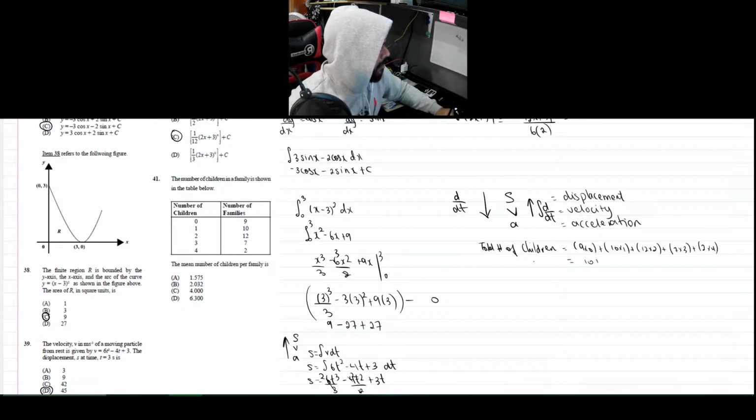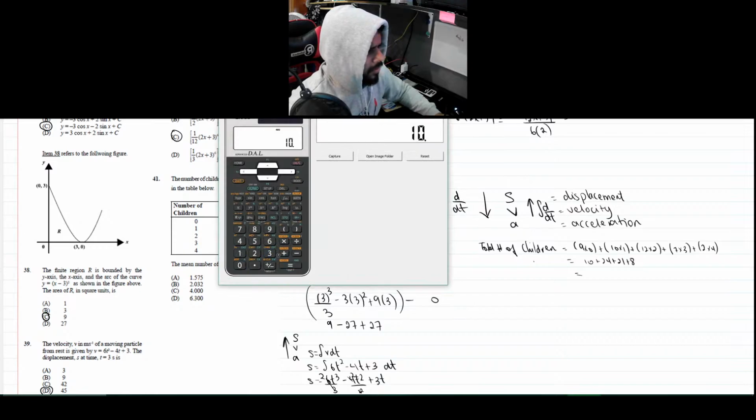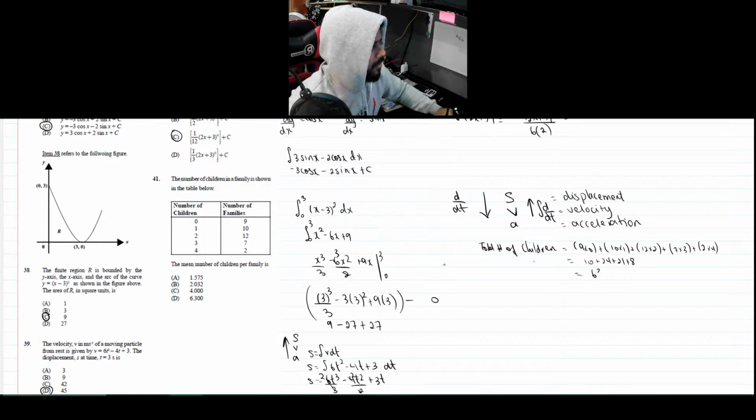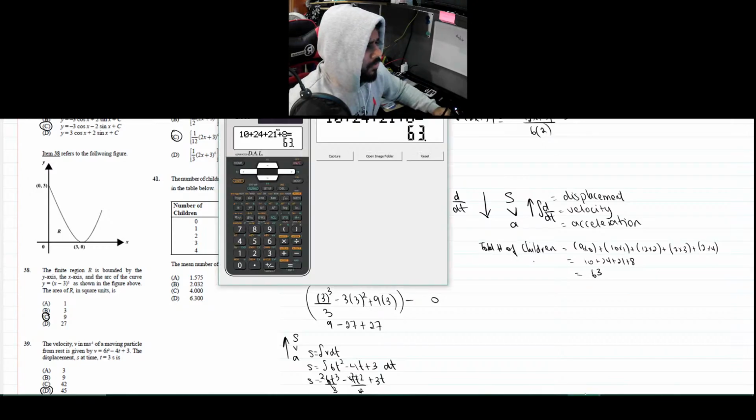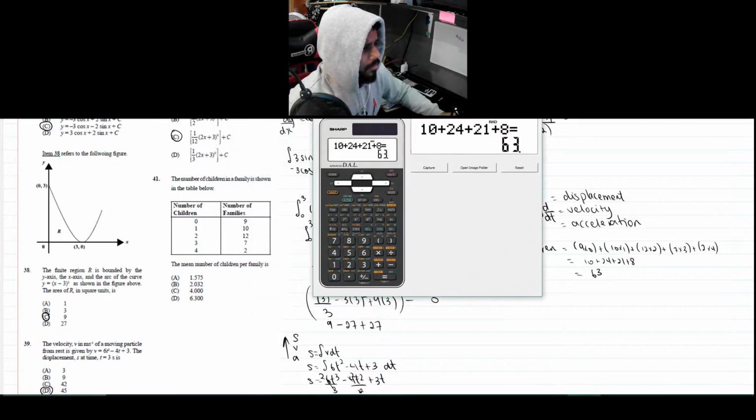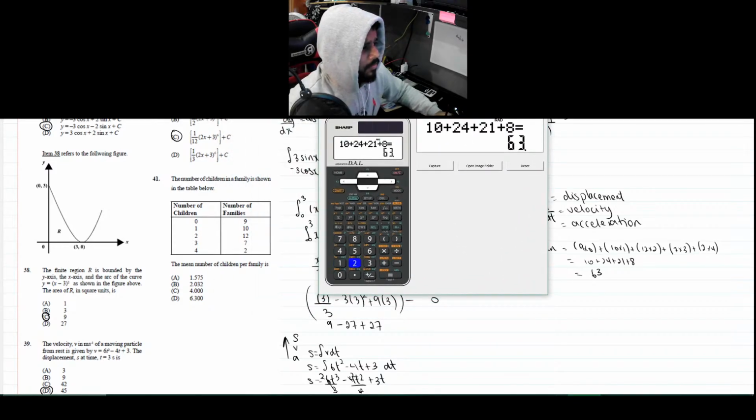That is 10 plus 24 plus 21 plus 8, 63, divided by the total number of families, because per family they wanted. 9 plus 10 plus 12 plus 7 plus 2, 40. 63 over 40.